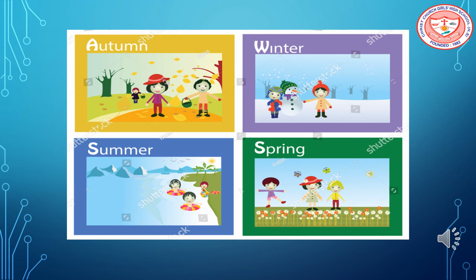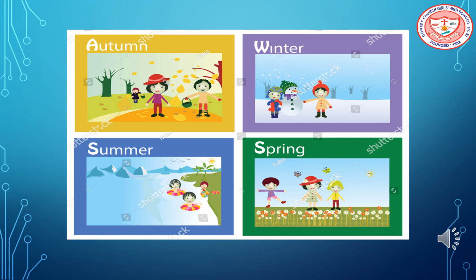Cycle of seasons in India. Children, you must know that the cycle of seasons includes different months according to the different seasons. Winter months are December, January and early February.